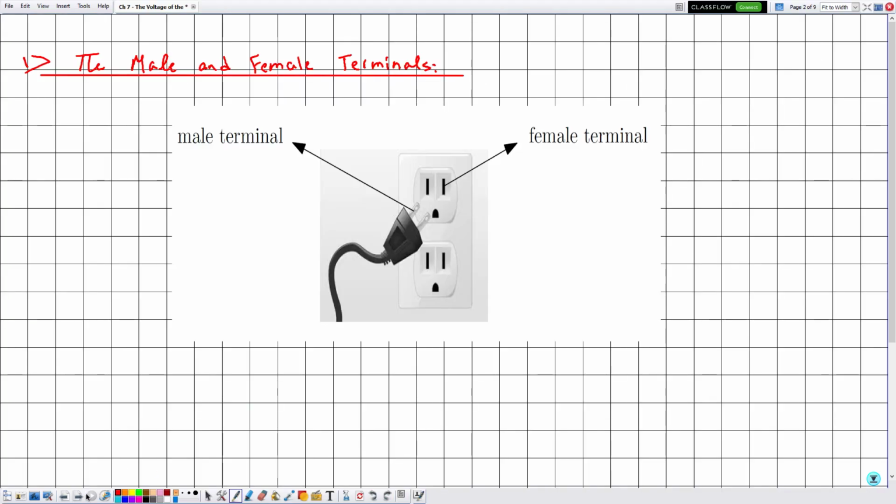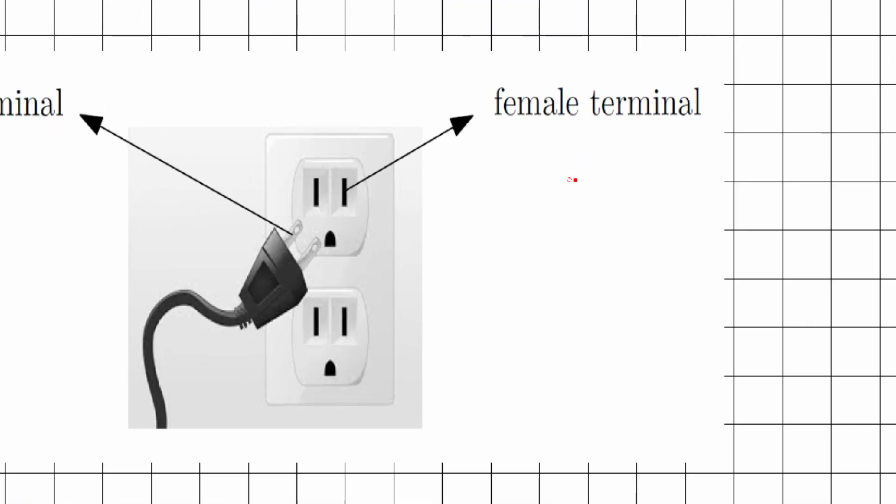We make use of this voltage by connecting electric appliances. This is the plug of an electric appliance, and this is the wall outlet, which supplies the voltage of the mains.